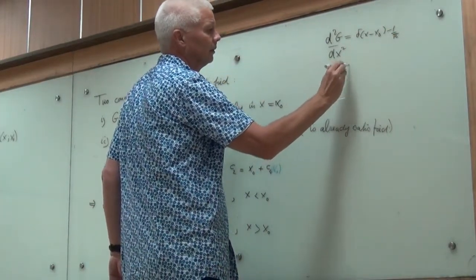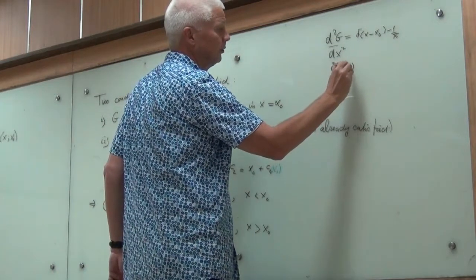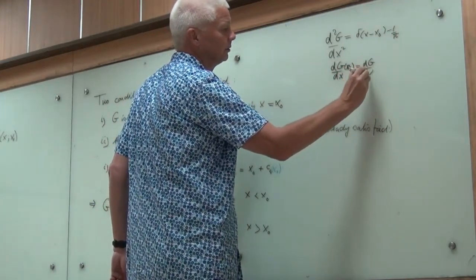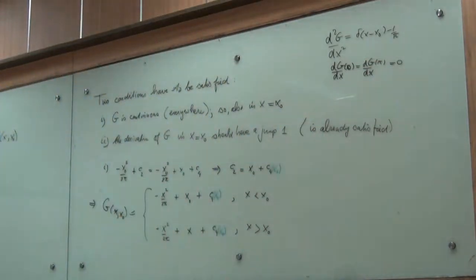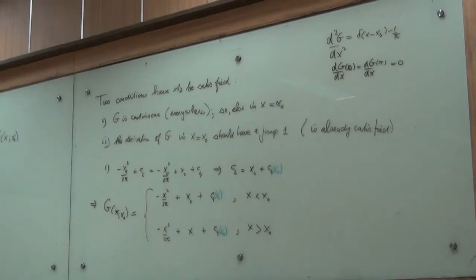And then the g dx at 0 is equal to the g dx at pi is equal to 0. So to each solution, I can add a constant. And a constant in each solution is just symmetric. It does not destroy the symmetry. I'm missing that constant.